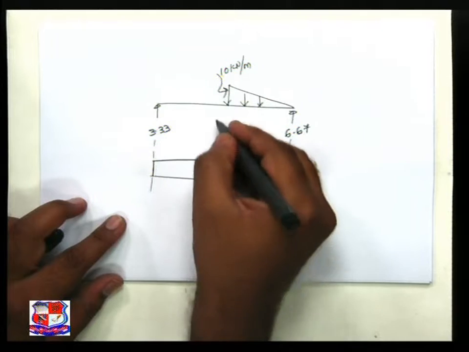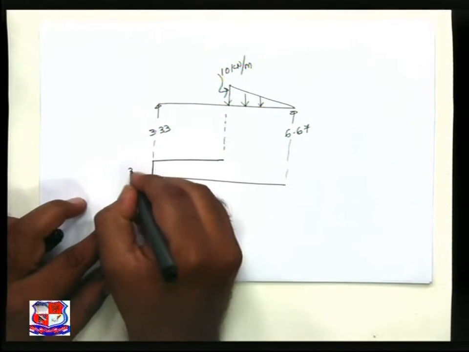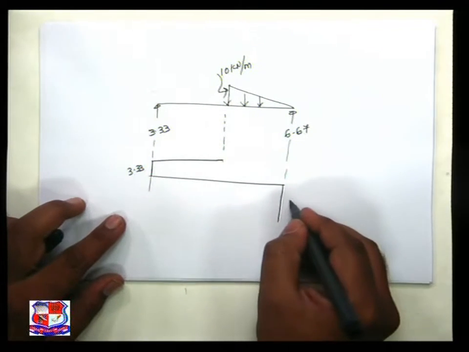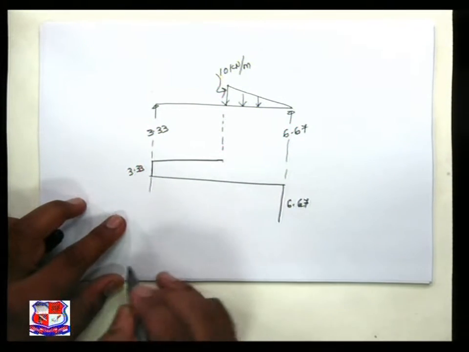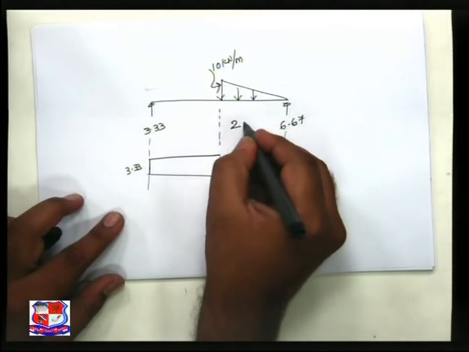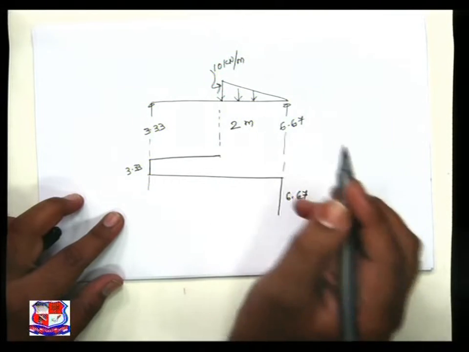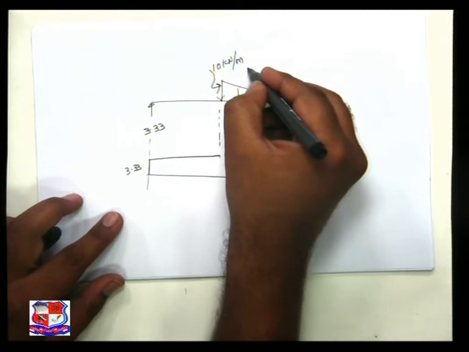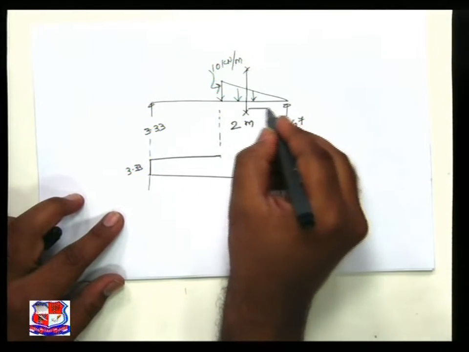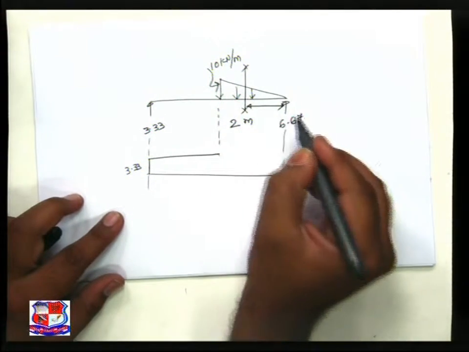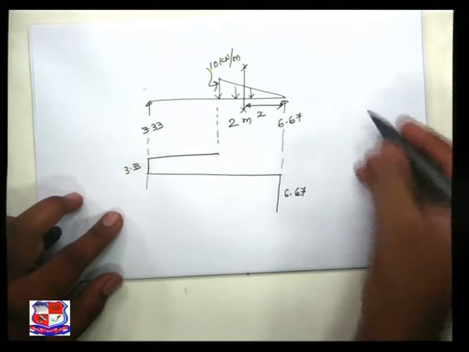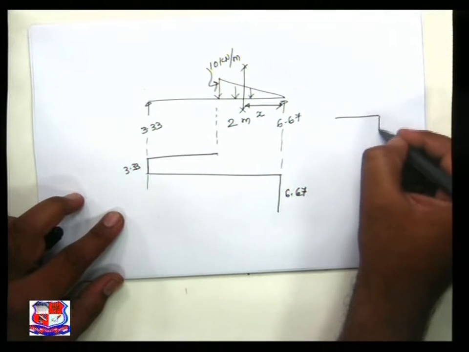We know up till now this one, we found out this one 3.33, and this value is 6.67. This distance is 2 meters. Now take a section over here, XX, take it from the right side, distance X. So the figure looks like this.